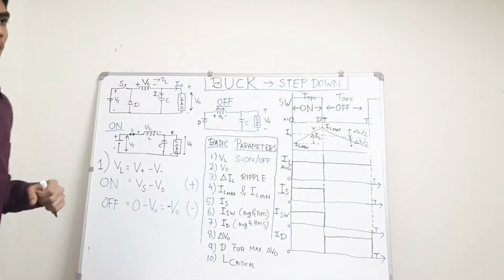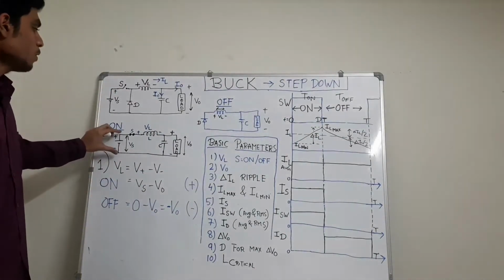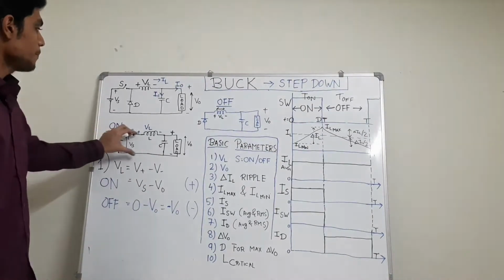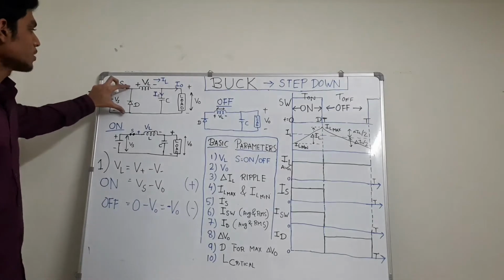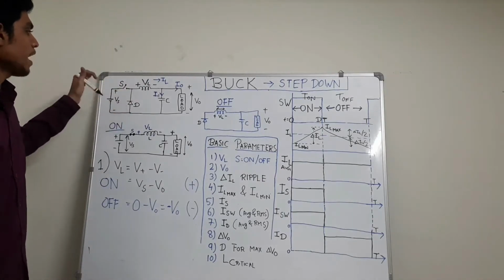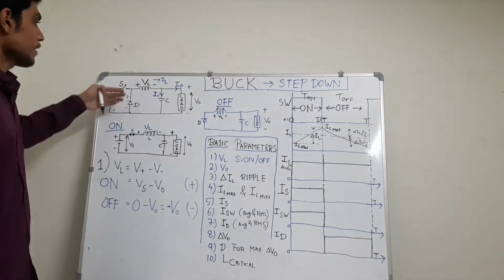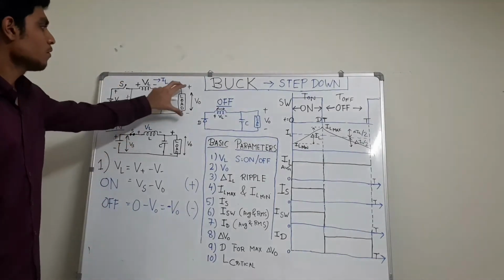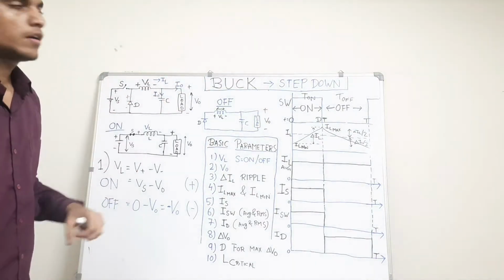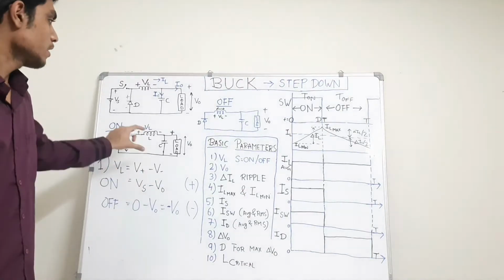So first, when the switch is on, let's see the circuit. This input Vs appears across the inductor and it is positive in nature, so this diode gets reverse biased and is eliminated out of the circuit, and the output voltage V0 appears across the other terminal of the inductor.